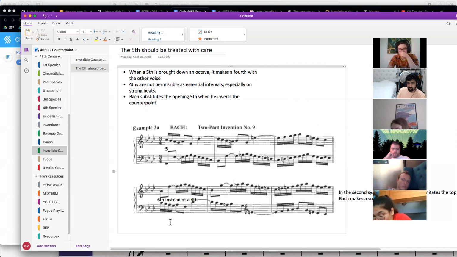So the principle of your original counterpoint from the 16th century kind of stands. Try to avoid dissonances on downbeats, and if you do have a dissonance on a downbeat, try to resolve it in a stepwise manner. Okay, so that's one consideration you'll run up against when you're doing invertible counterpoint.